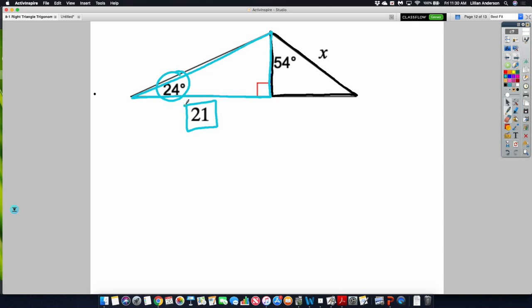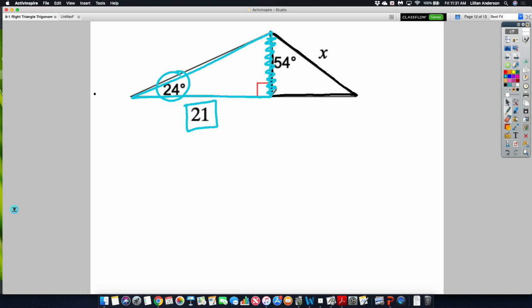Now what we can do is we can actually use that blue triangle to find this side right here that is shared between the blue triangle and the black triangle. And by finding that side using the blue triangle in Sohcahtoa, we're able to then find x, which is on the black triangle, which is what we are initially trying to determine.